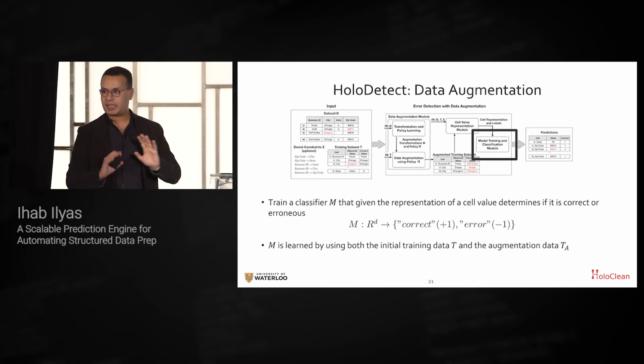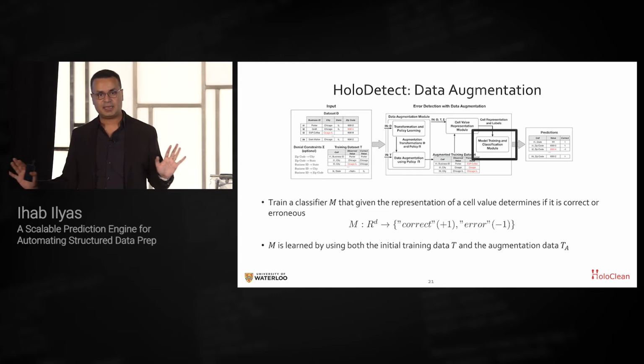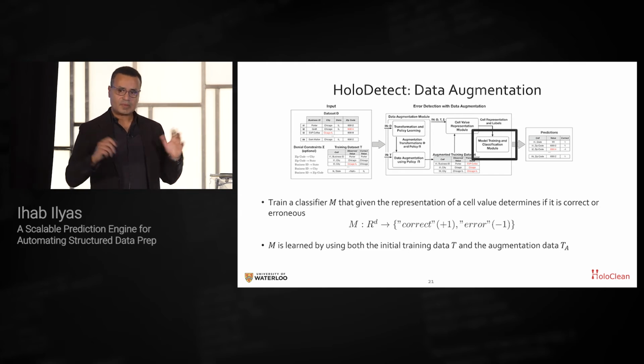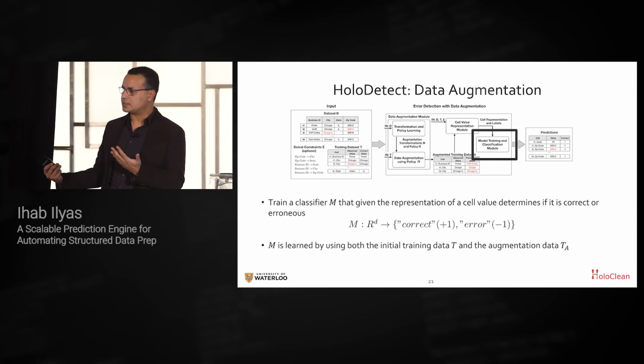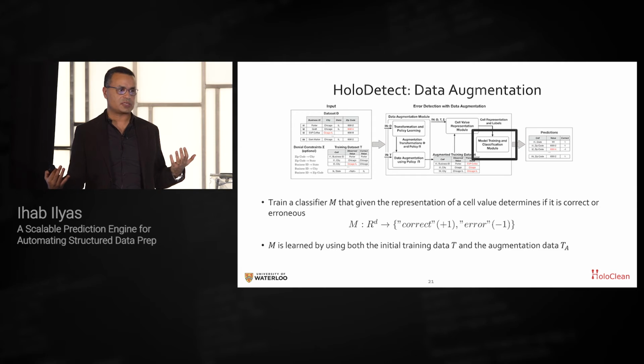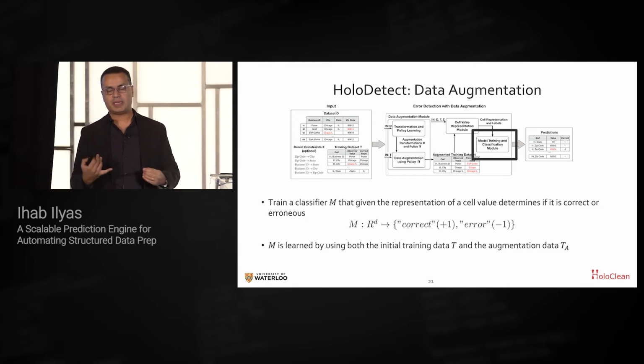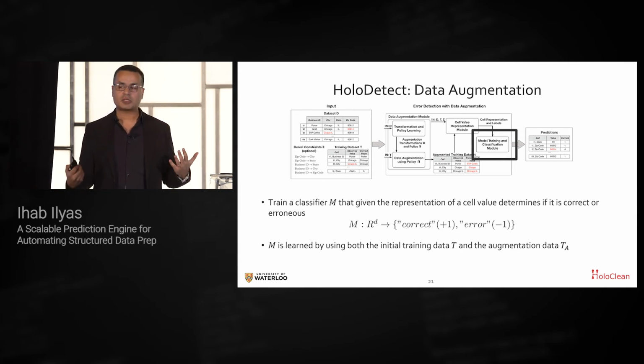You learn that model, and then the classification task is that easy. Is it correct or is it not correct? Why am I telling you this? Because it's one of these challenges that you will have when predicting structured data. You're just not having enough training data. So you have to be innovative in either generating your own or learning from noisy data, and if you talk to anybody that would like to use this in production, they will not use any supervised model.